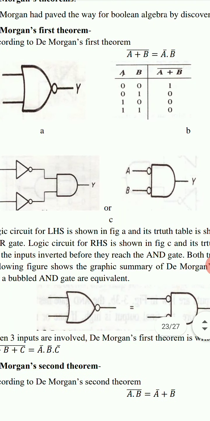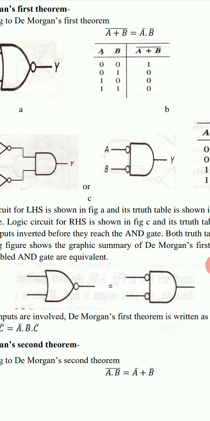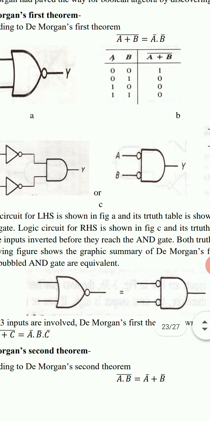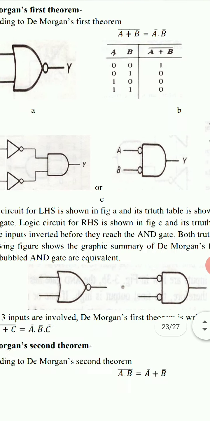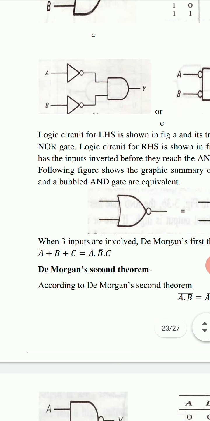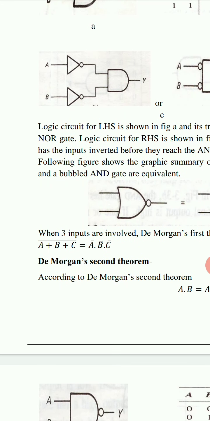And this is the truth table for the left hand side, which is (A plus B) bar. Similarly, the right hand side is A bar dot B bar, and the logic circuit for this right hand side equation is this. A and B are two inputs which are connected to NOT gates, and the outputs of these two NOT gates will be A bar and B bar.